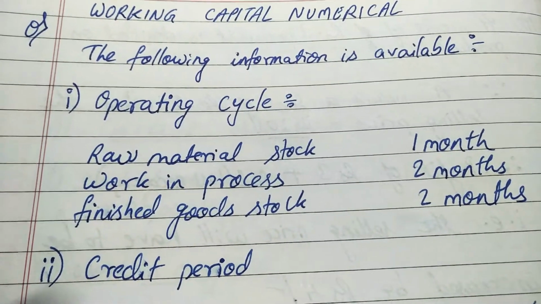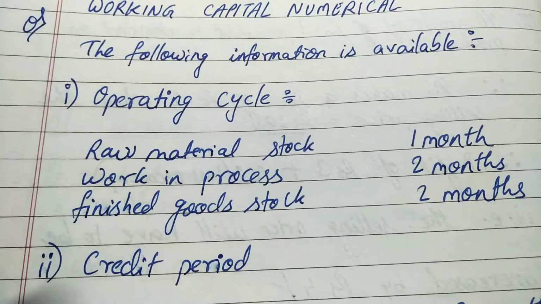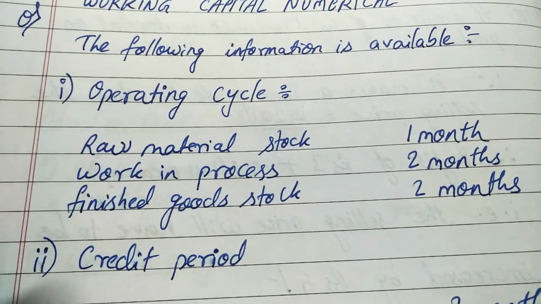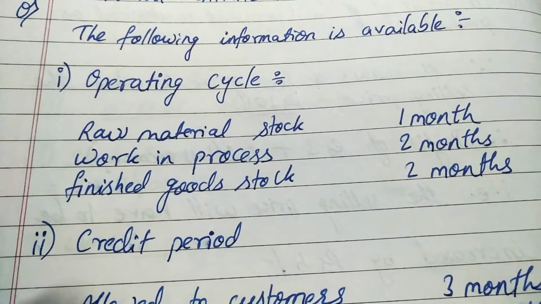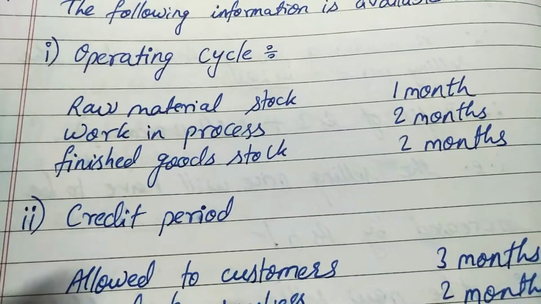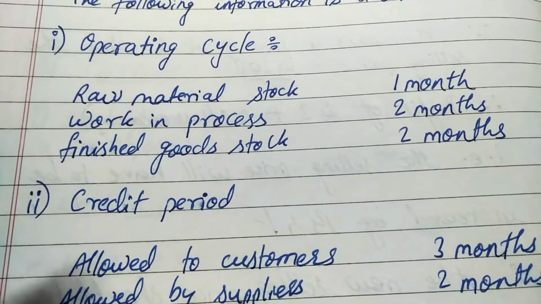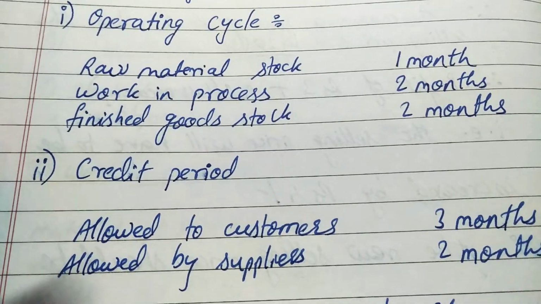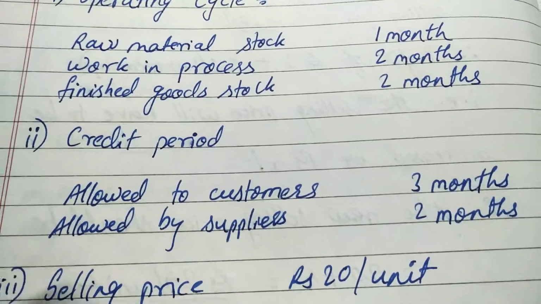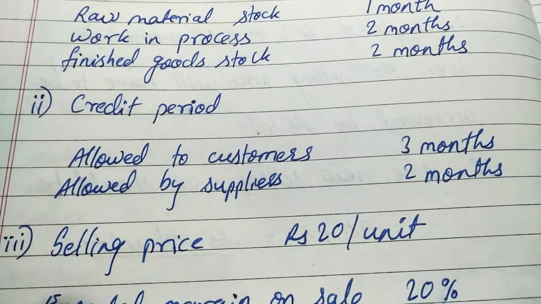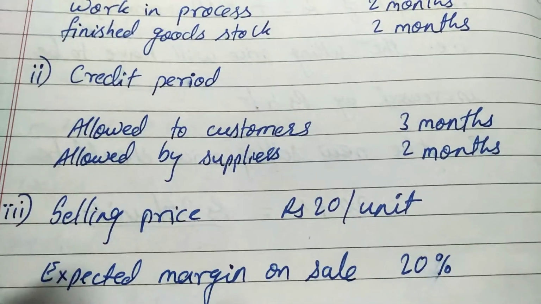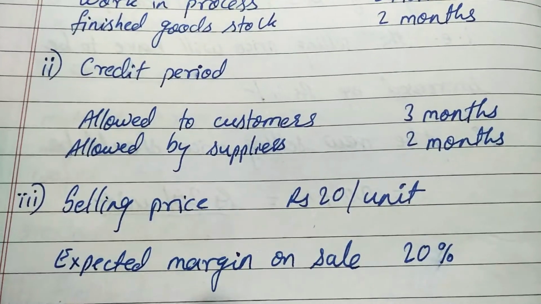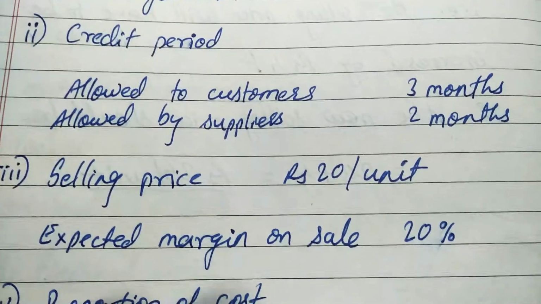So here the question is, the following information is available to us. First is the operating cycle. The raw material is in stock for 1 month, work in process is for 2 months, and finished goods are in stock for 2 months. The credit period allowed to the customers is 3 months, and the credit period allowed by suppliers is 2 months.